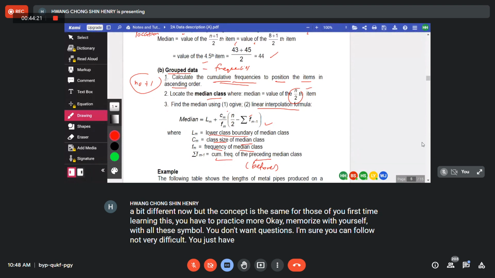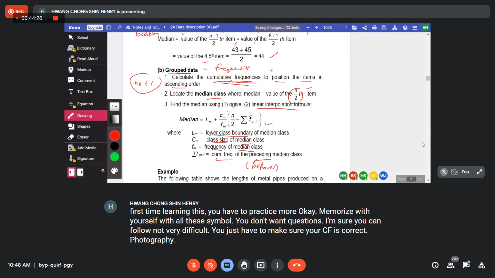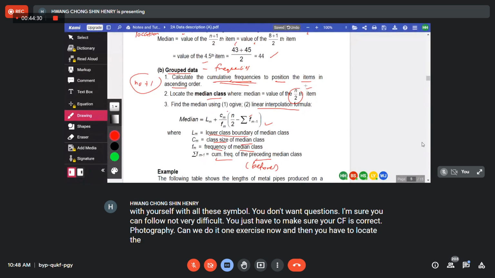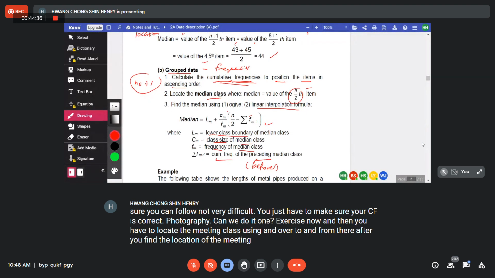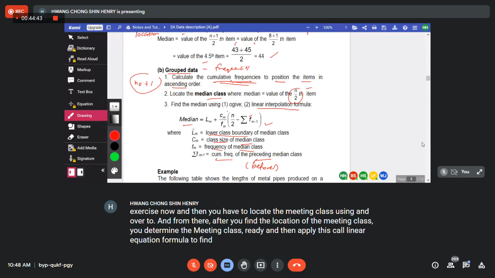You just have to make sure your CF is correct. Total it up. Okay, we do one exercise now, and you have to locate the median class using n over 2, and from there, after you find the location of the median class, you determine the median class, and then you apply the linear interpolation formula to find your median.